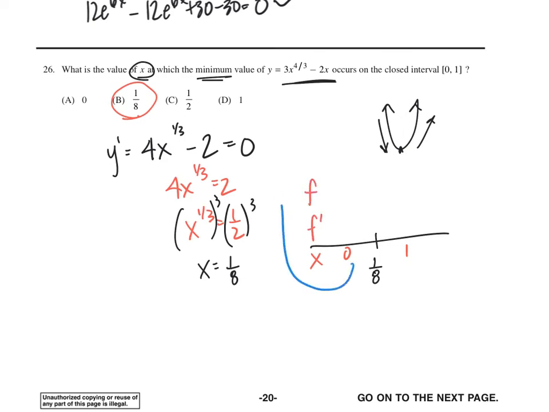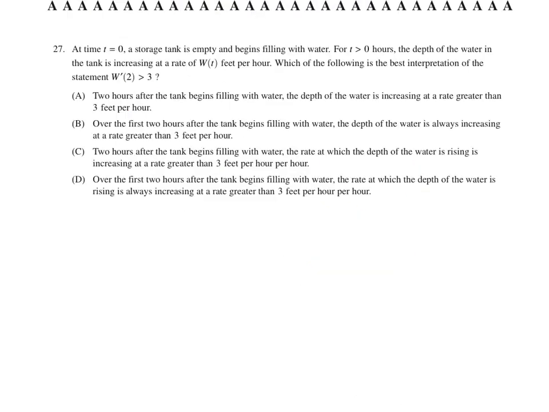If my x was 0 into my first derivative, I would have the quantity 0 minus 2, and if my first derivative is negative, that means my function's decreasing. If then I have 4 times 1 minus 2, we'd have a first derivative that is positive. If my first derivative is positive, my function is increasing, and it's gone from negative slope to positive slope, so we have a minimum when x is 1/8.